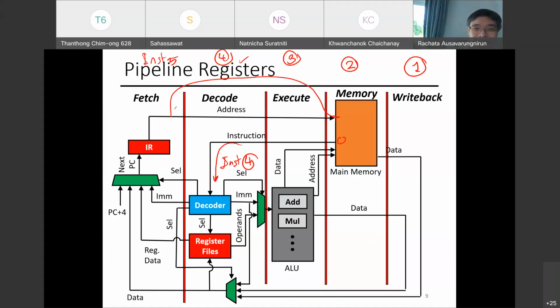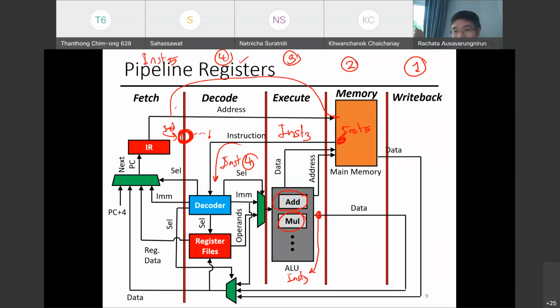So think about it this way. The instruction coming in here is for instruction 5, and we use the buffer right here, right? So basically instruction 5 is right here, waiting to be put in here. With me so far? And right now, instruction 3 is here, right? Instruction 3 is being added right now. So the data that comes out over here belongs to instruction 3, right?